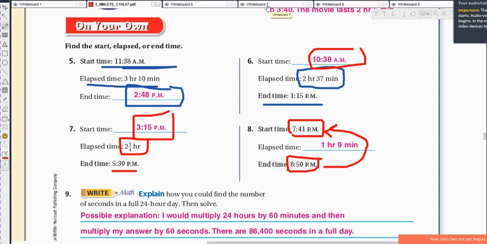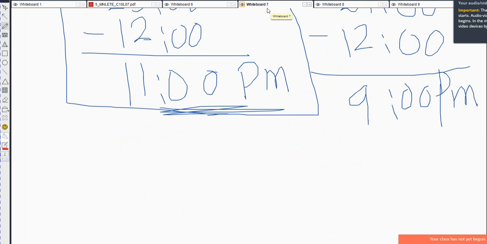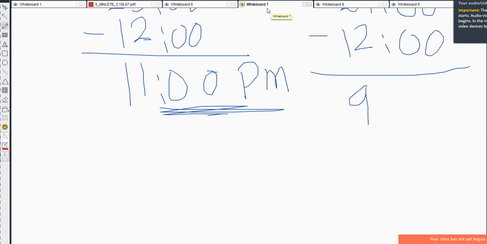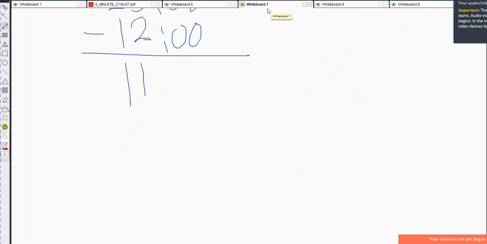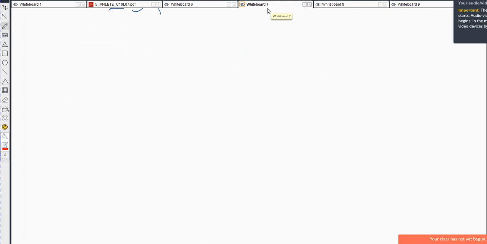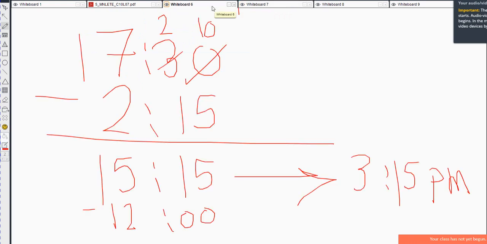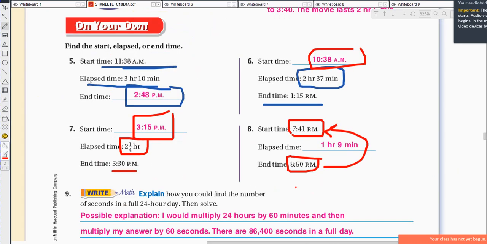If you want to convert to 24 format, you have to add 12 to both of them. If they are in the same format, p.m. and p.m., you can subtract directly. So we have p.m. here and p.m. here, so you can subtract directly.